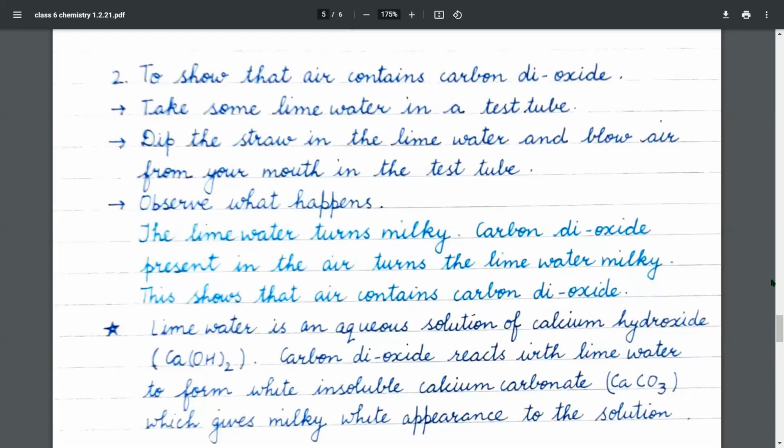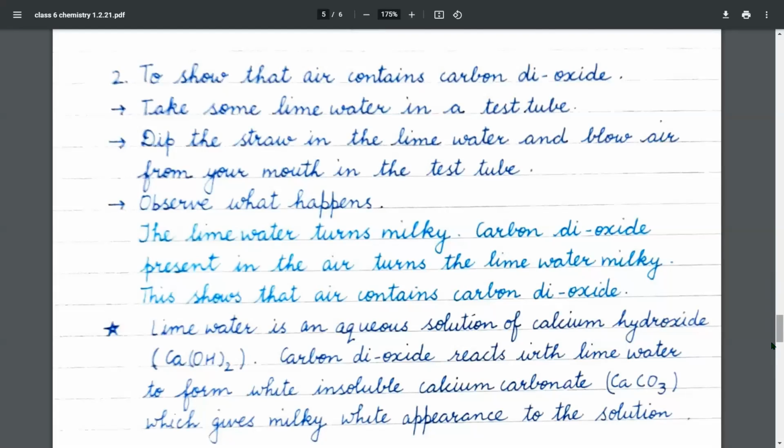Now, the next experiment is to show that air contains carbon dioxide. Take some lime water in a test tube. Dip the straw in the lime water and blow air from your mouth in the test tube.